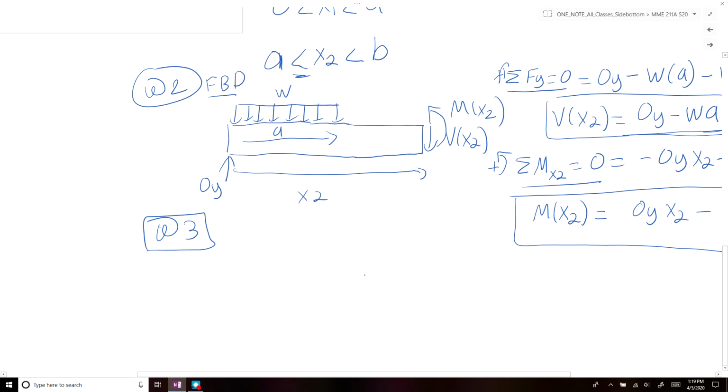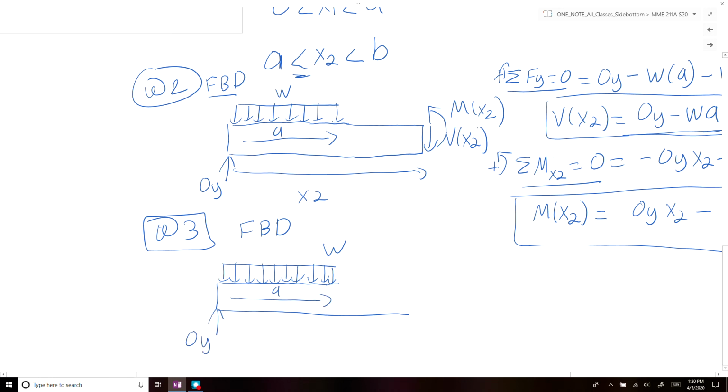What we'll have here is we'll draw a free body diagram one more time. So we still have our distributed load W for a length of A. We still have our applied load OY.